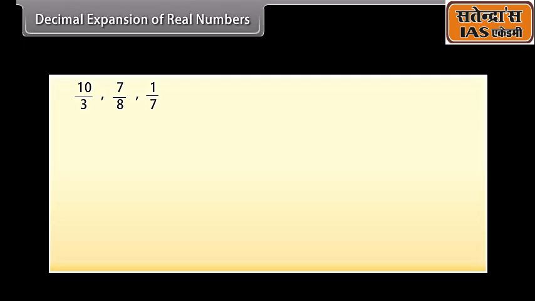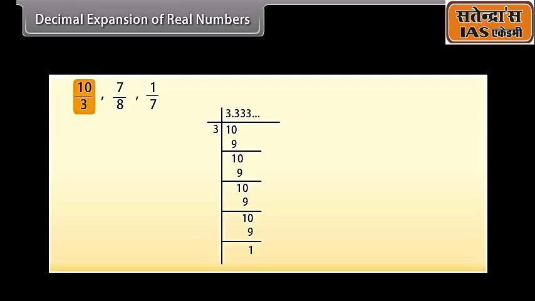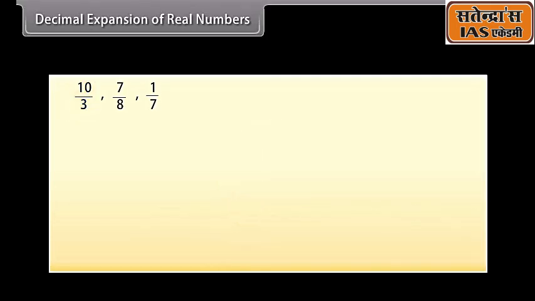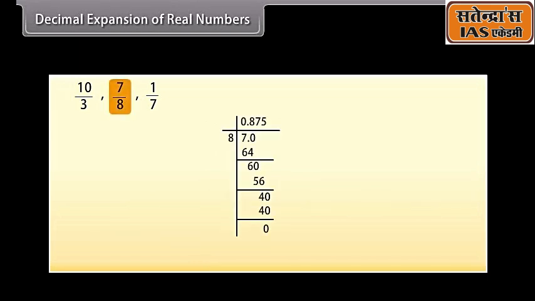Here we can see that on decimal expansion of 10 by 3, we get remainder 1, 1, 1, 1, 1. Similarly, the decimal expansion of 7 by 8 gives remainder 6, 4, 0.